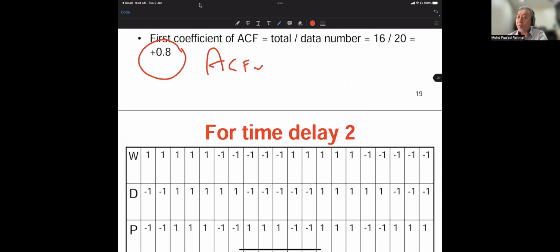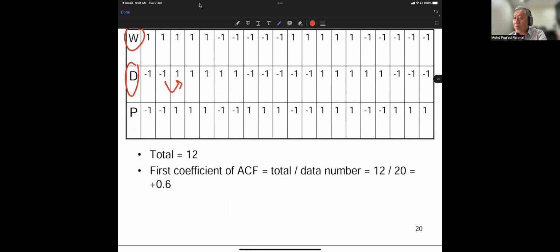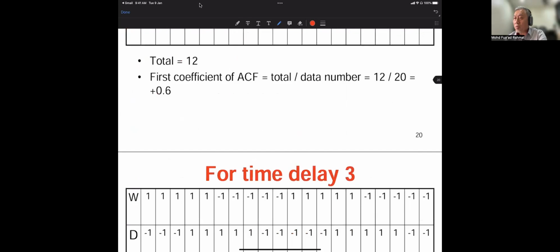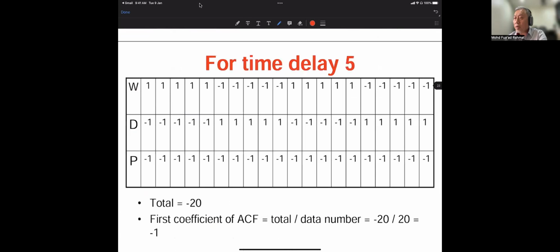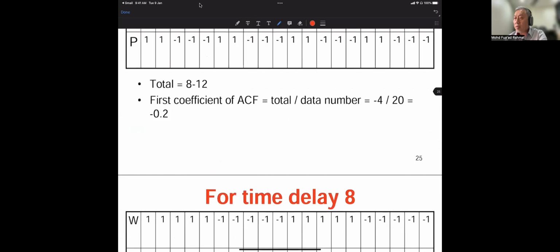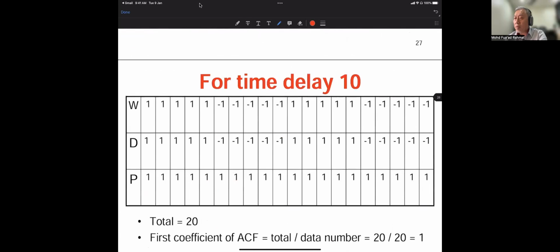So we continue, shifted at time delay 2. W is not shifted, only D is. We shift, then find the total is 12, so 0.6, and we continue for tau equal to 3, 4, 5, 6, 7, 8, 9, and 10.